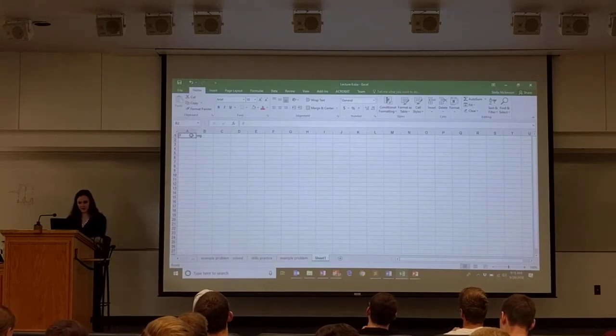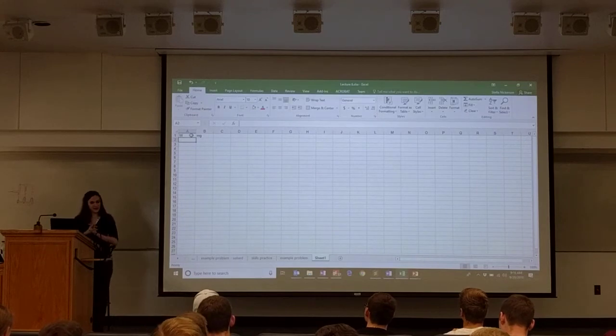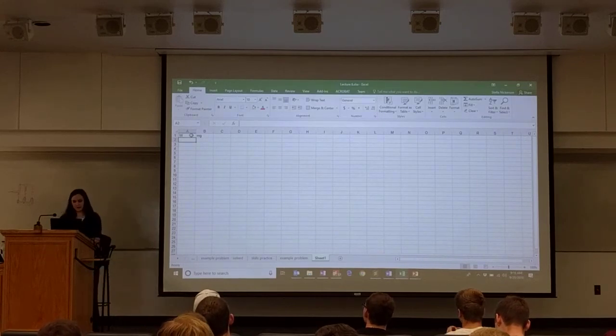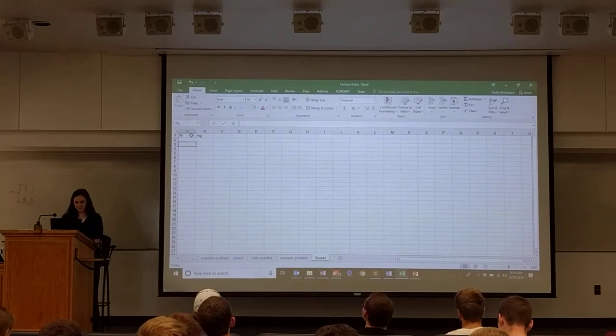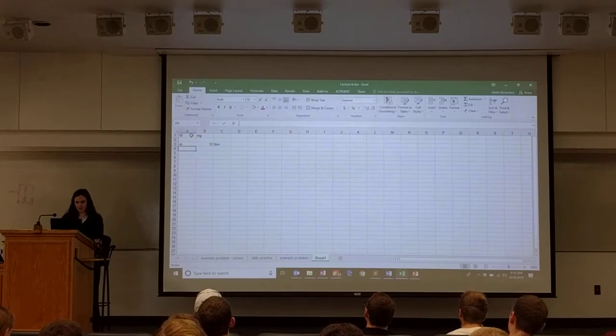Actually, I'll call this W for weight. So let's say we have 12 pound masses. That's our M. And then G is 32.2 feet per second squared.